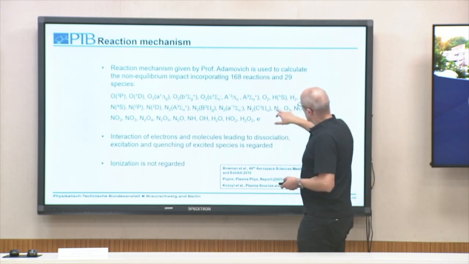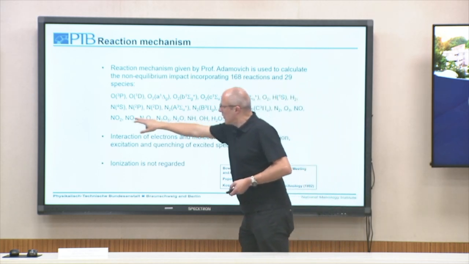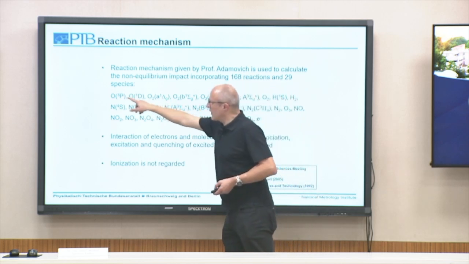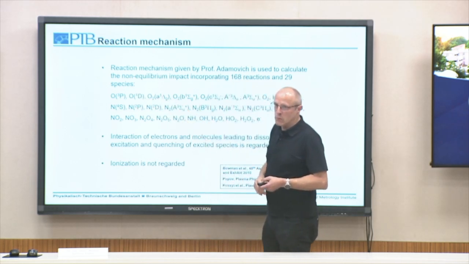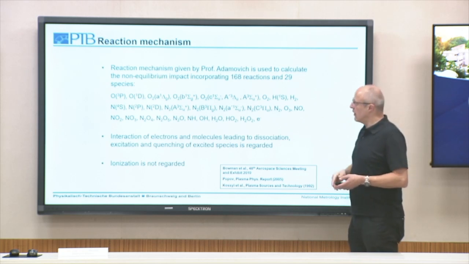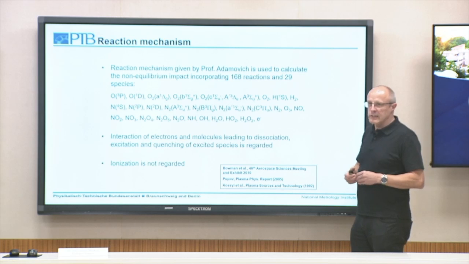Here are the classical ones, nitrogen, ozone here, and so on. So here we have hydrogen also, but you see we have a lot of excited species too. So we do not only focus on the electronic ground state, we also consider excited species.